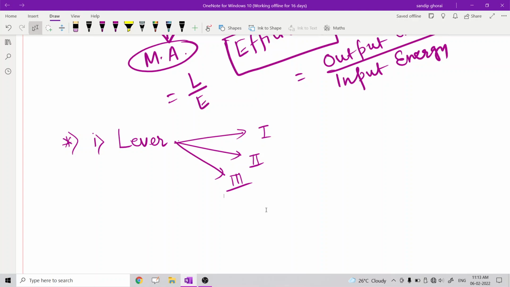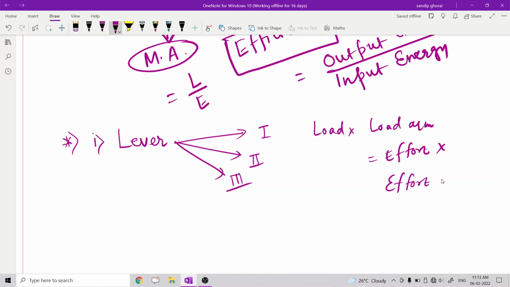Here you also have to know the principle of a lever. Load into load arm is equal to effort into effort arm. Now the question is: what is load arm, and what is effort arm?